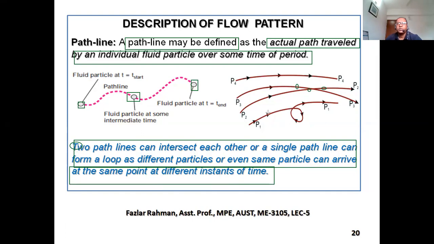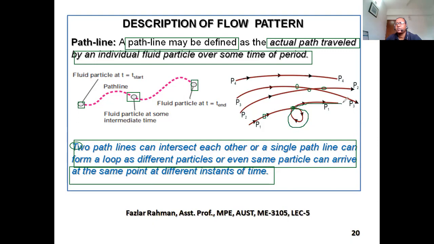For example, a fluid particle from here, at a time it came over here. Then it crossed this point again, and after a few seconds it came back over here. In some cases it might make a loop, not following the same path, but might be in this one.